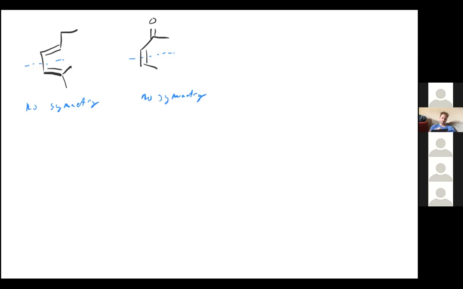So this can come in and attack. We'll make our 6-membered ring. Our dienophile is going to always end up on wedges, or sorry, dashes. So that should give us this configuration.